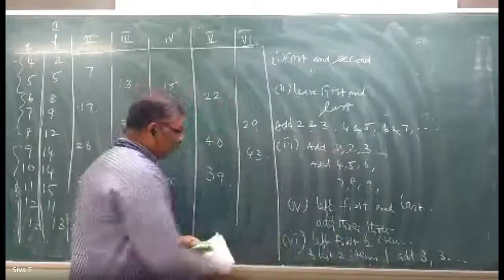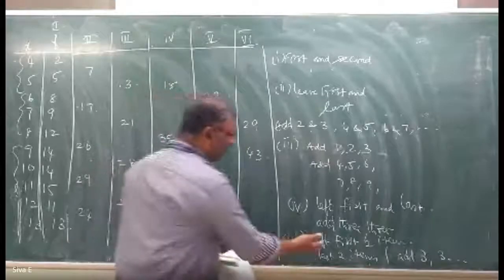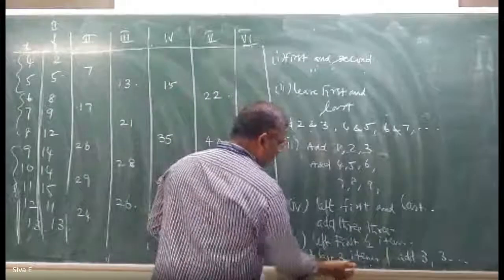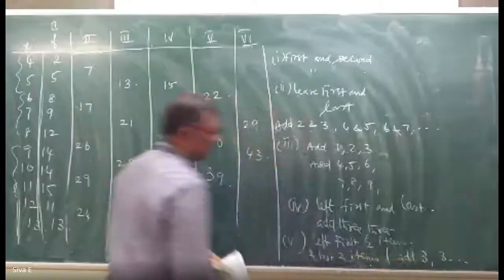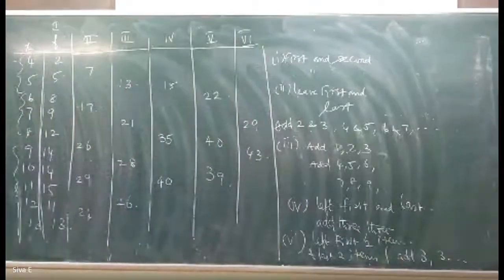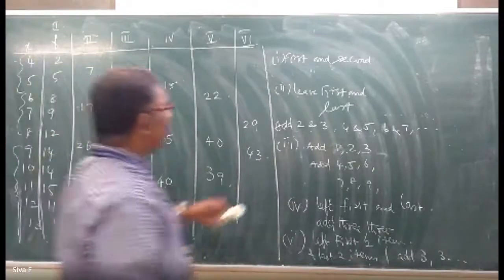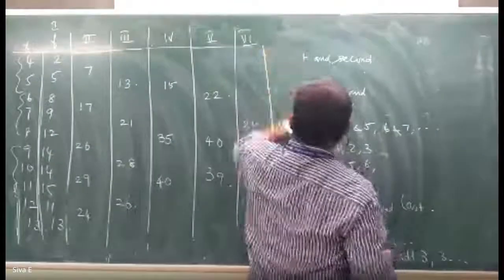Then the next step is leave the first two items and last two items, then add three items. Okay, now how to calculate the mode?